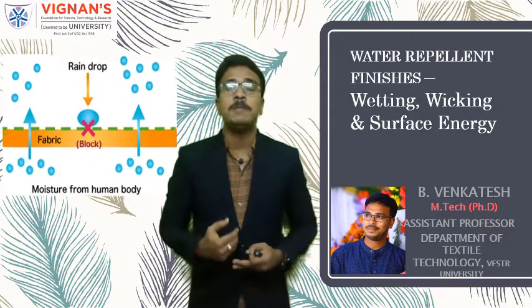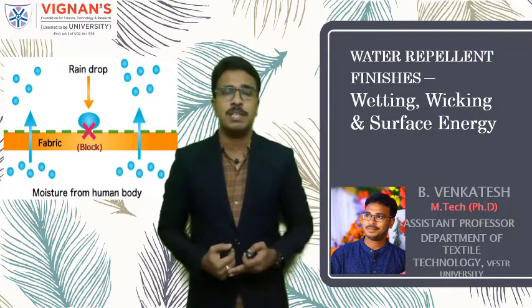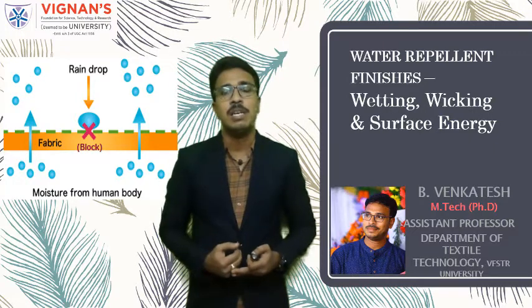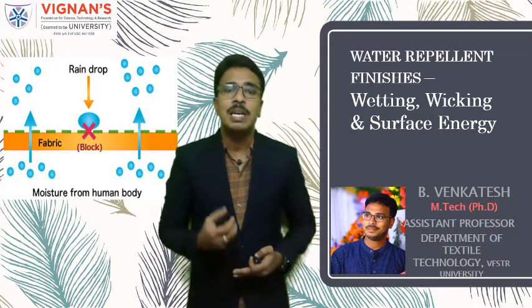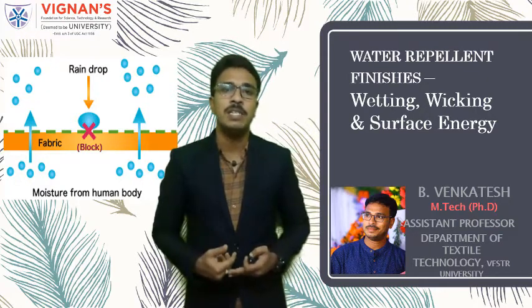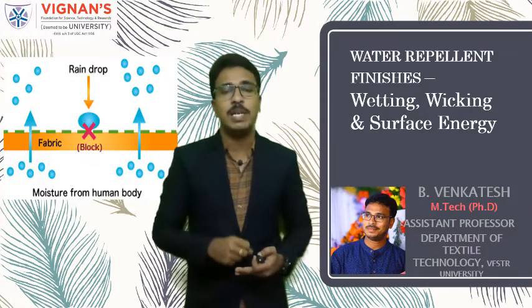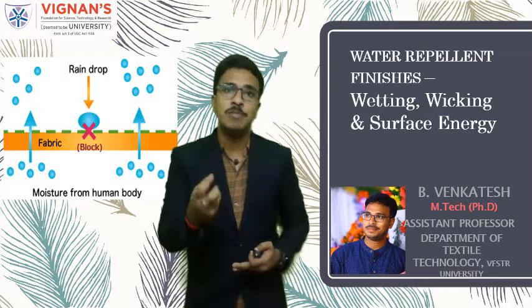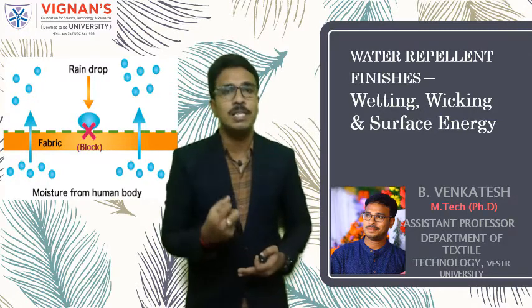Say for example, if you take a solid surface and you put a drop of water on it, depending upon the surface characteristics of the solid surface as well as the surface tension of the water droplet, the absorbency of the droplet by the fabric surface or solid surface is decided.